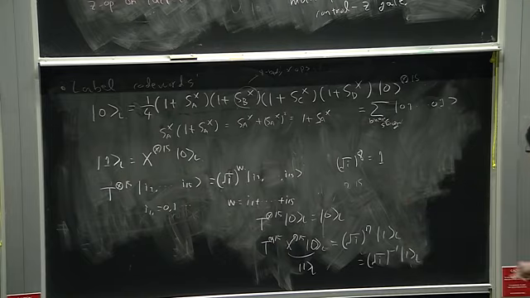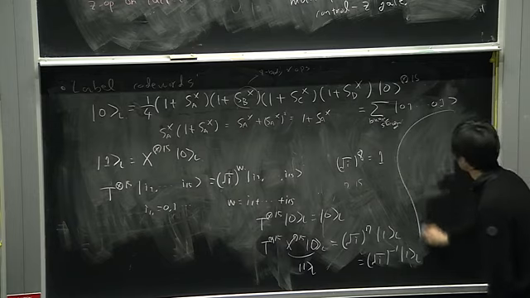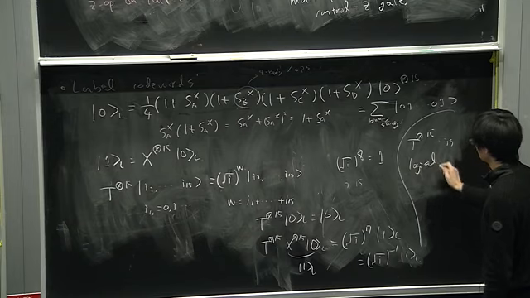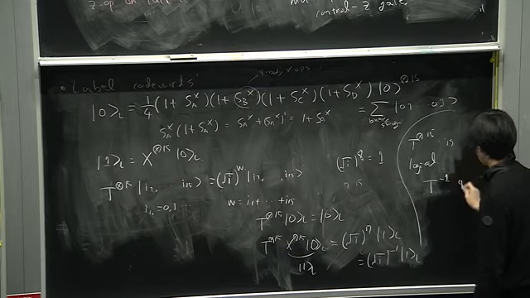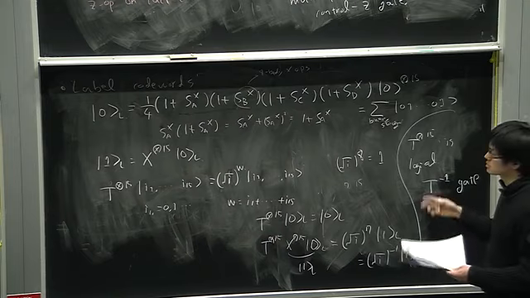This implies that this T is logical T minus 1, the T Dagger gate. So this is how you can see this statement.